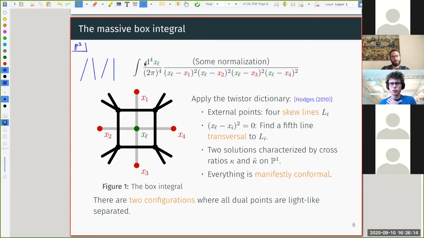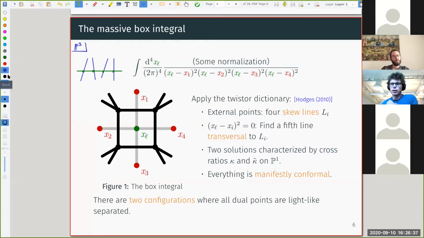This all just follows from this dictionary. Now I should also find a line that corresponds to this point in the middle here. But since I'm interested in this leading singularity, I should demand that this point is lightlike separated from all the other points. So geometrically, I should find a line that intersects all these other lines, right? Okay.